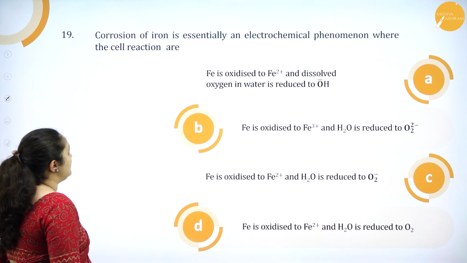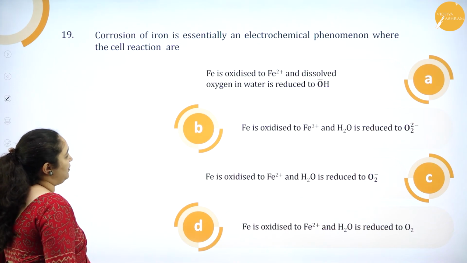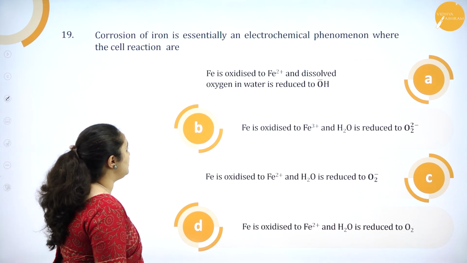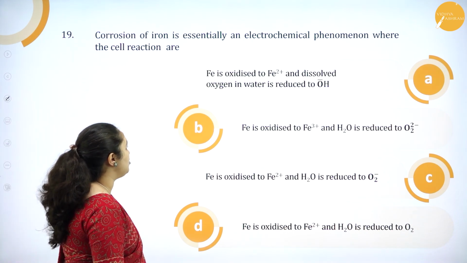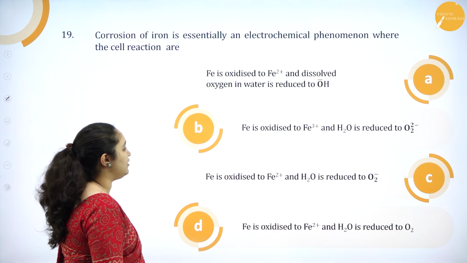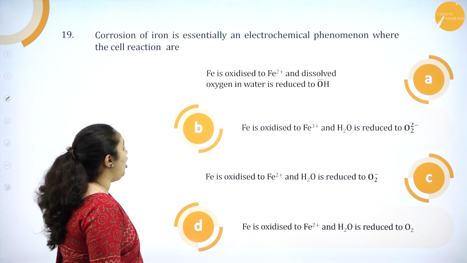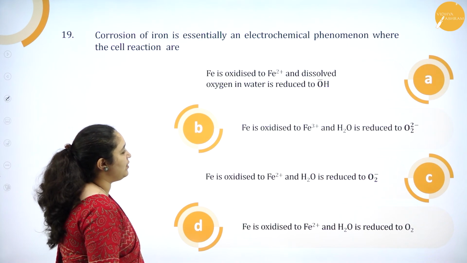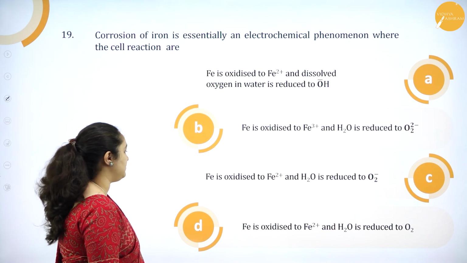Corrosion of iron is essentially an electrochemical phenomenon where the cell reactions are: option A, Fe is oxidized to Fe plus 2 and dissolved oxygen in water is reduced to OH minus. Option B, Fe is oxidized to Fe plus 3 and H2O is reduced to O2 2 minus.